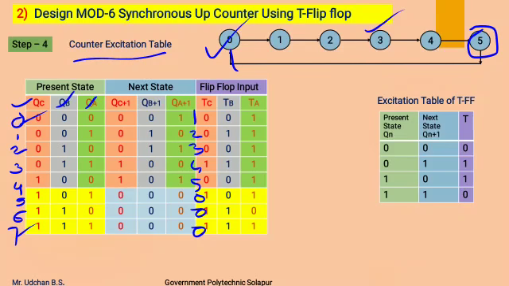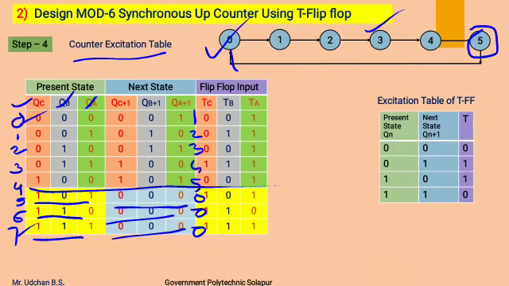As our state diagram does not consist of states 6 and 7, we are writing the next state for 5 as 0, for 6 as 0, and for 7 as 0. So here we have avoided the next states 6 and 7. So this is how the excitation table is designed.